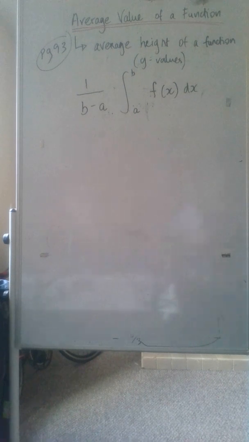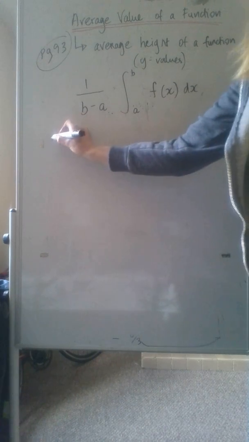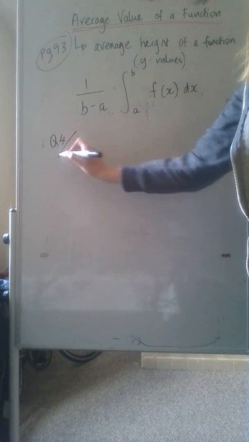Right, so first on page 93, I'm going to do question 4 to start. Question 4 says, find the average value of the function x squared plus 4, where x is between -2 and 3. So just write this down, question 4.